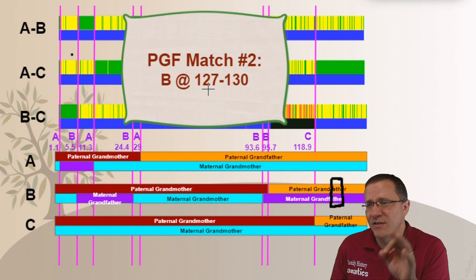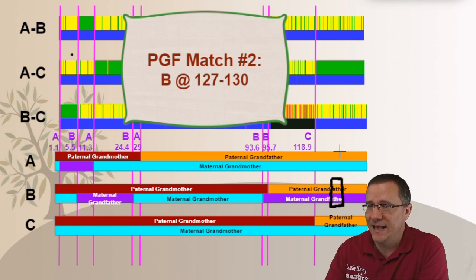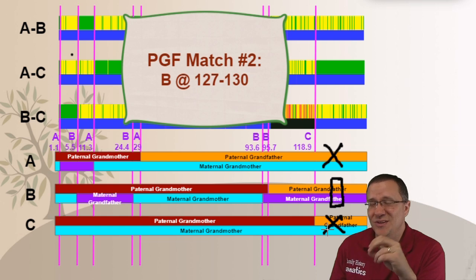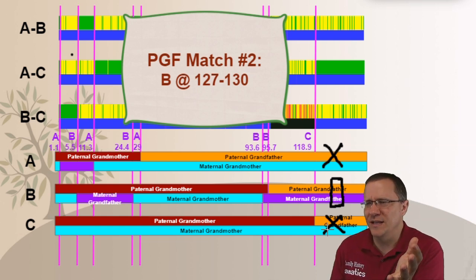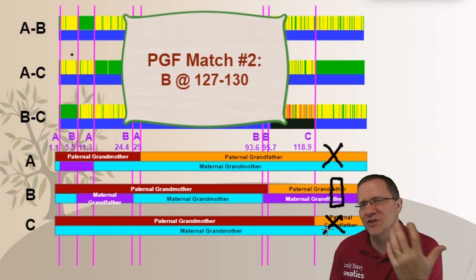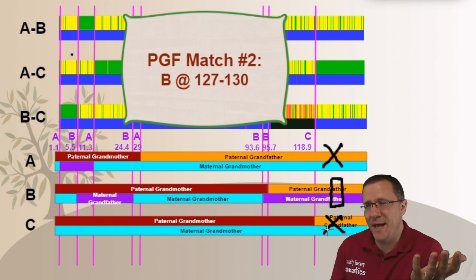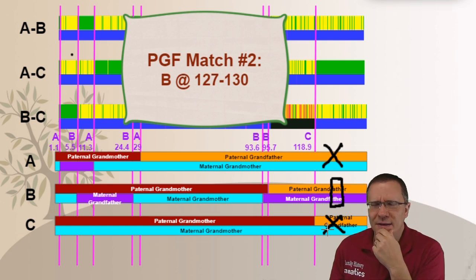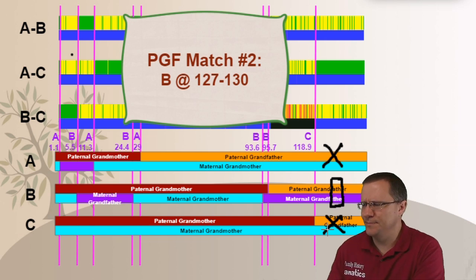Now, we had said that orange was the paternal grandfather, but we see that there's not a match up here and there's not a match down there. So orange really can't be the paternal grandfather in this area because it would have to match all 3 people. But that wouldn't support what we already did as far as our recombination points. And I can understand that right now, but that's something that now we need to reconcile.